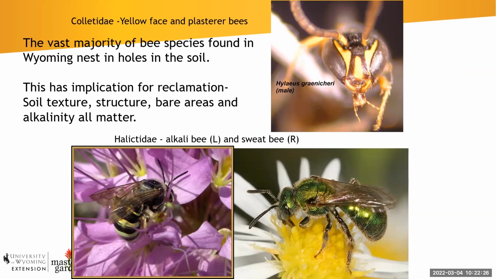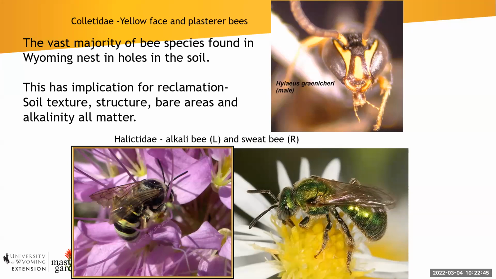And that really has implications for reclamation too, about the soil, because soil texture, so the amount of sand, silt, and clay, can make differences to insects: whether they can successfully nest there, the structure of it, and the amount of bare areas.